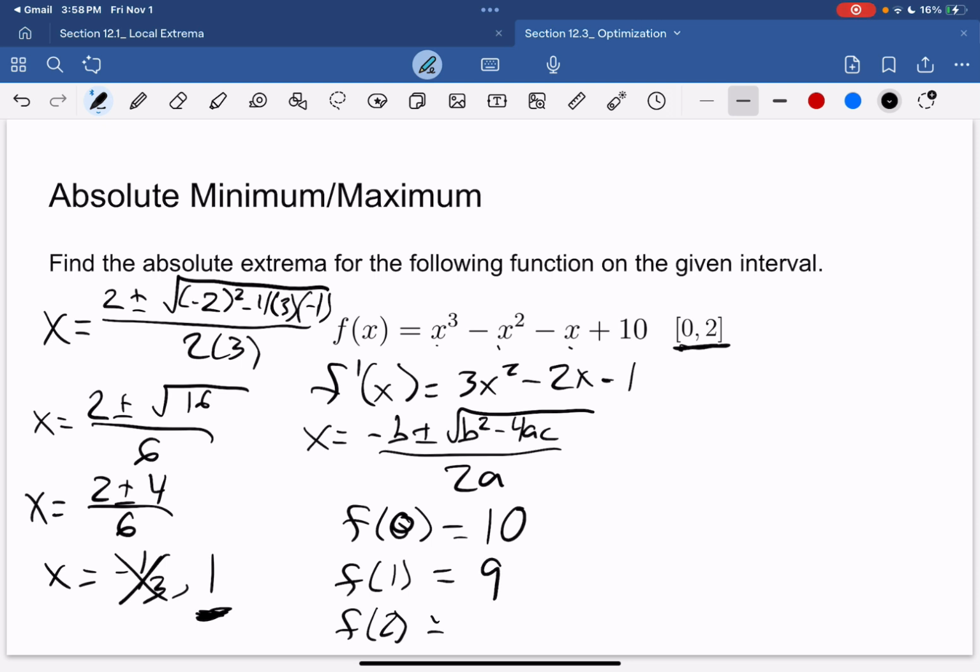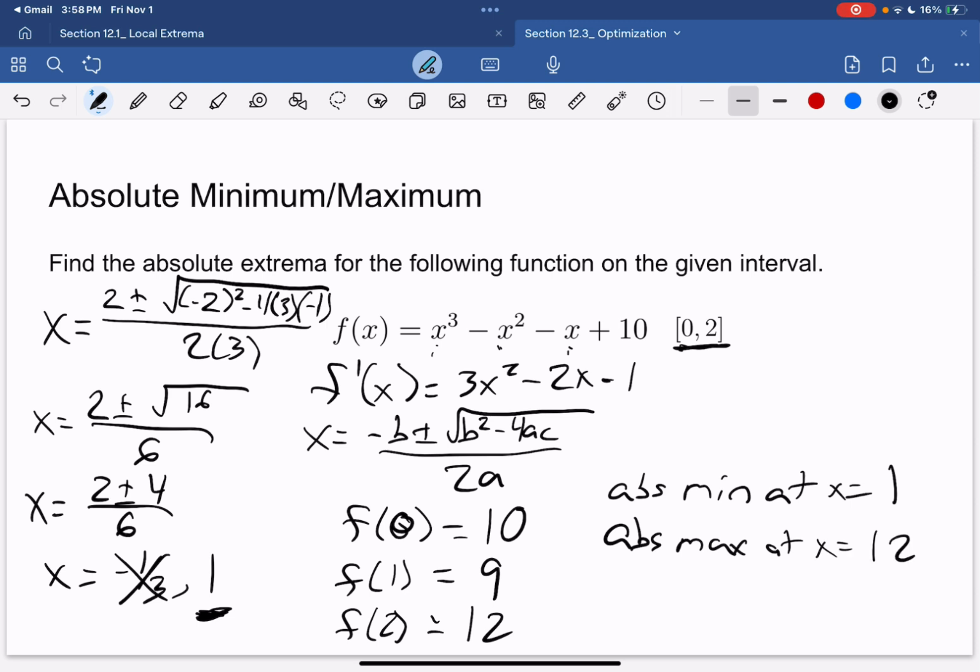I plug in 2, I get 8 minus 4 minus 2, that's positive 2, plus 10 is 12. So I have an absolute min at x is equal to 1, and I have an absolute max of 12 at x is equal to 2. Okay. That would be how to find the absolute min and max given a function.